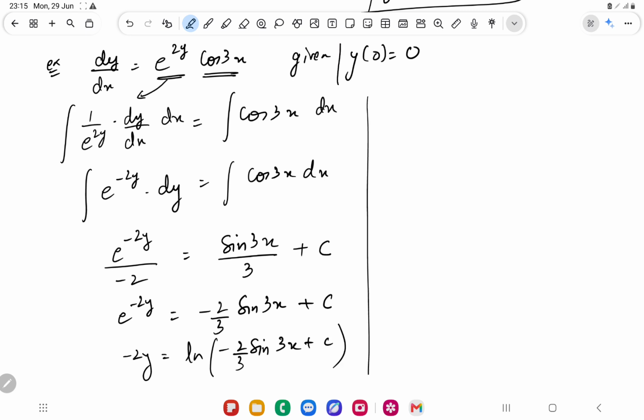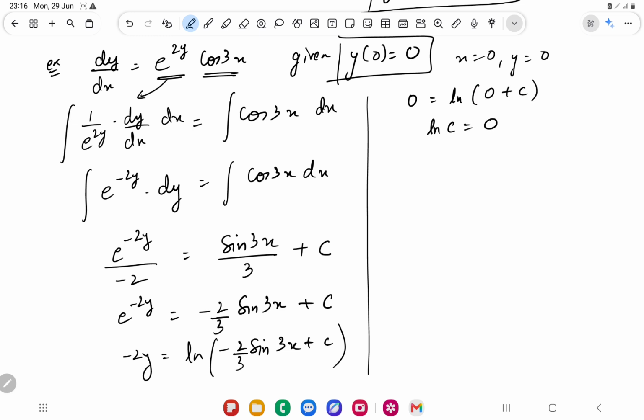Now I will use this condition that is being given to me. It means when my x is equal to 0, my y value is 0. So I will put 0 is equal to ln 0 plus c. It means I am getting ln c as 0. It means my c value is 1.